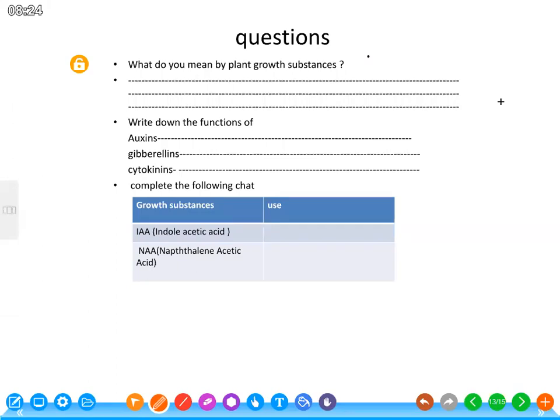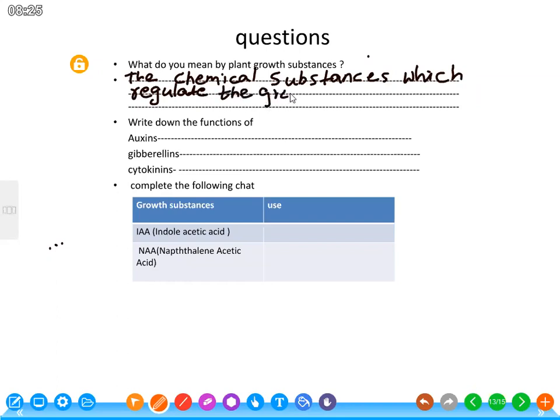So the answer is: the chemical substances which regulate the growth of a plant are known as plant growth substances.